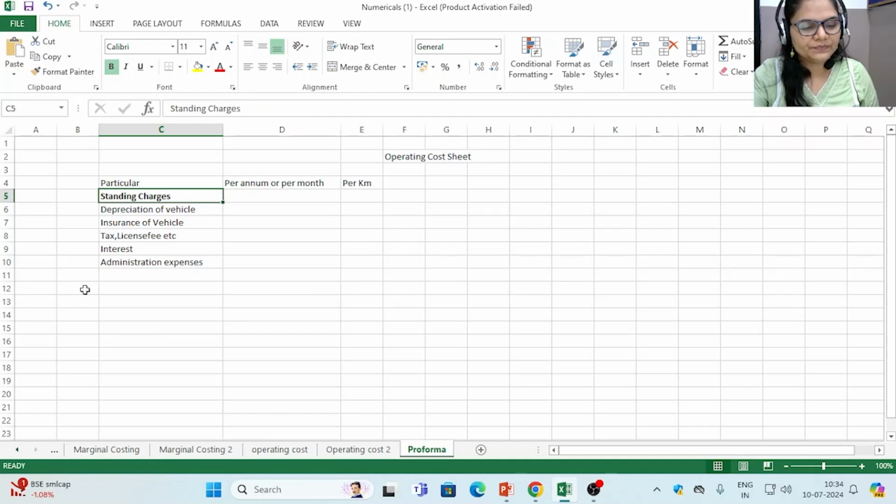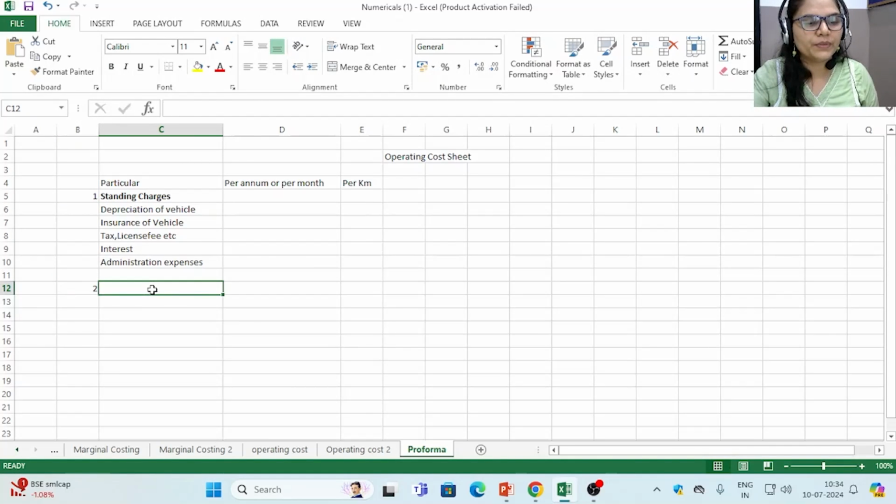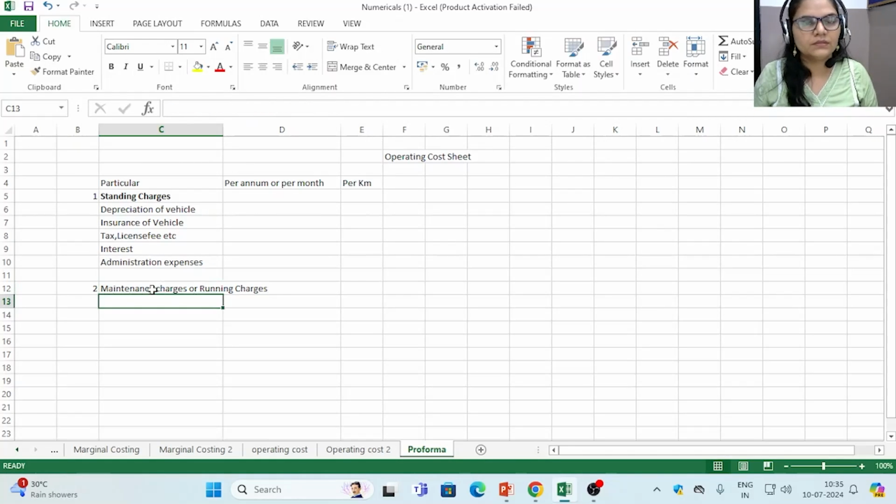Next you have maintenance charges. First is your standing charges. Second is your running or maintenance charges, which are also known as running charges.